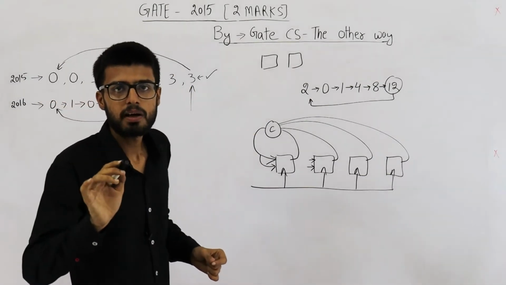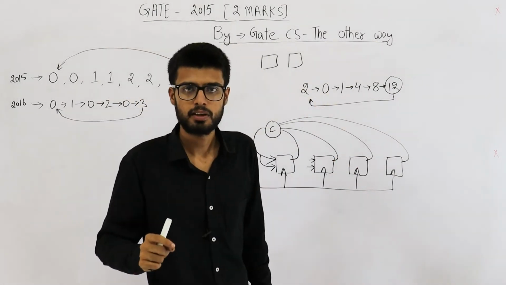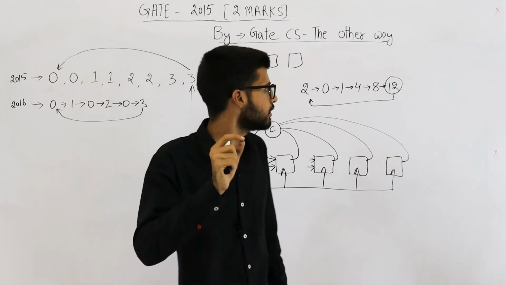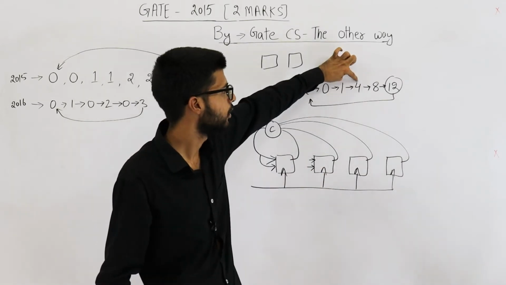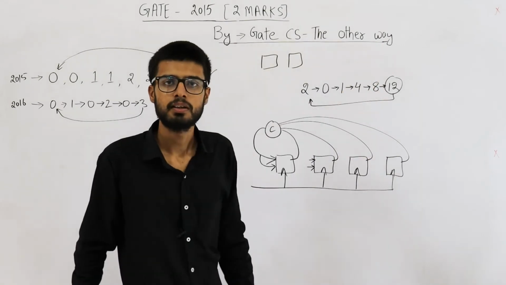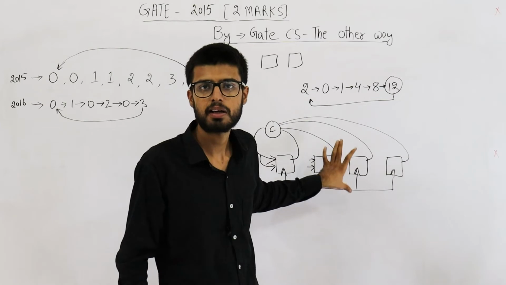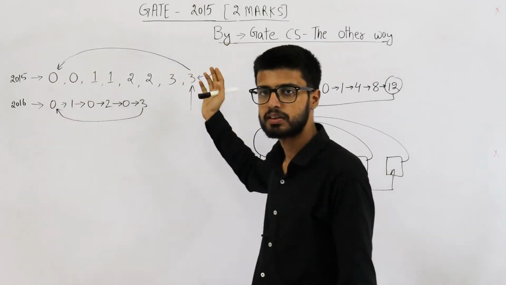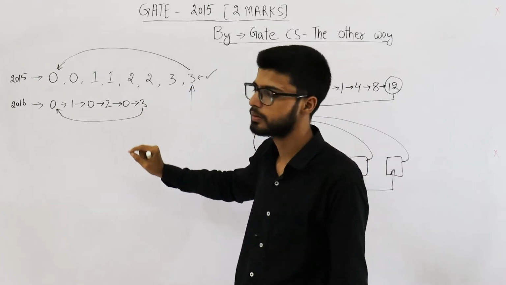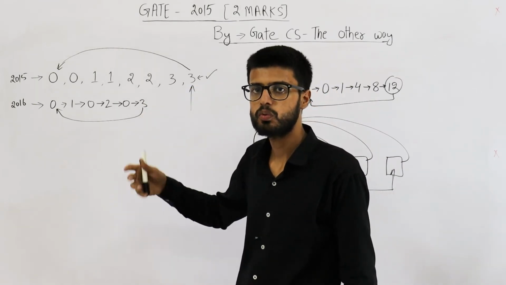But here, if I tell you the current state, you can't exactly tell me what the next state is. In the previous sequence, I said the current state is 4, and you knew the next state had to be 8. That is, the machine that we are going to implement will be deterministic. But this sequence is not deterministic. There is some non-determinism in this sequence. If I tell you the current state, you are never sure what the next state is.